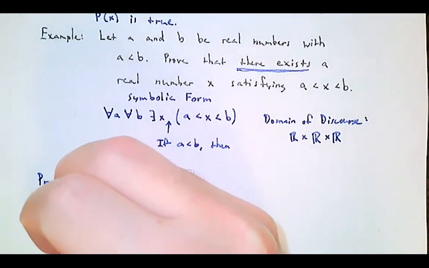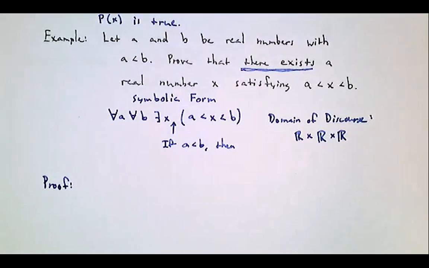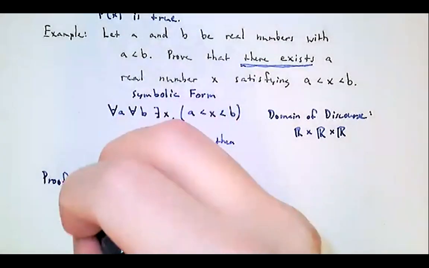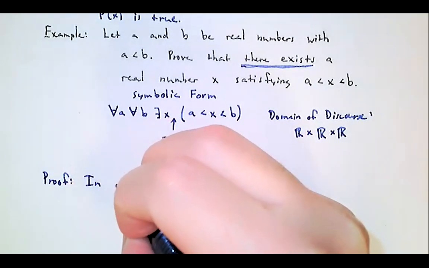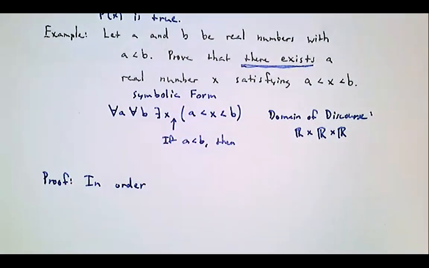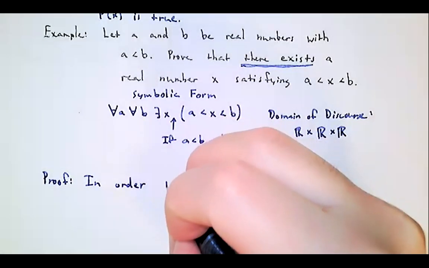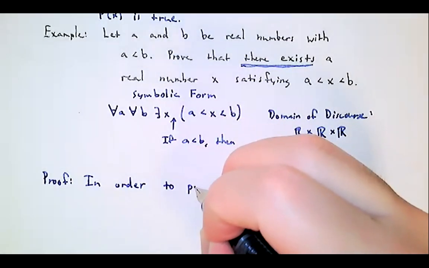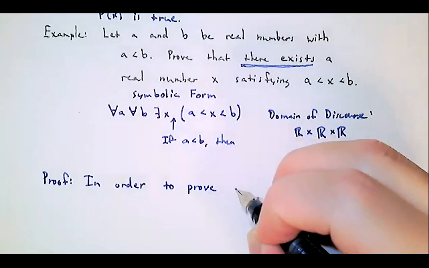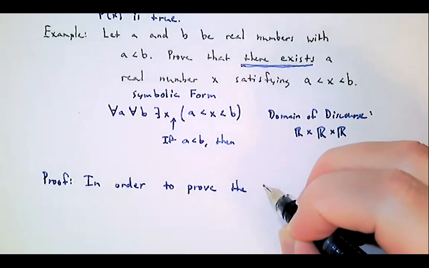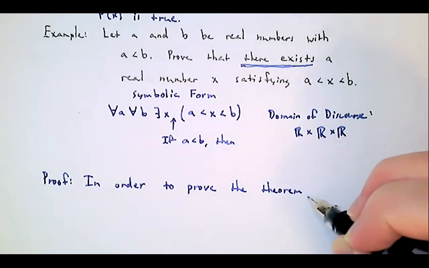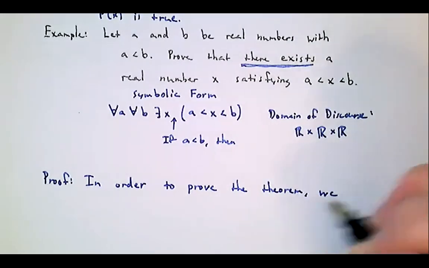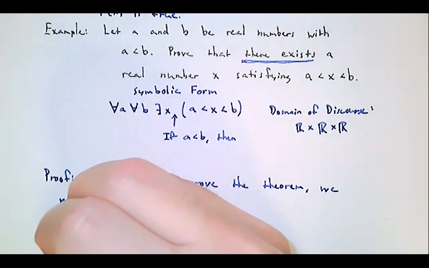So let me write the word proof so that we can get started. In order to prove the statement, remember, we're letting the reader know what we're doing. We must find the number x.